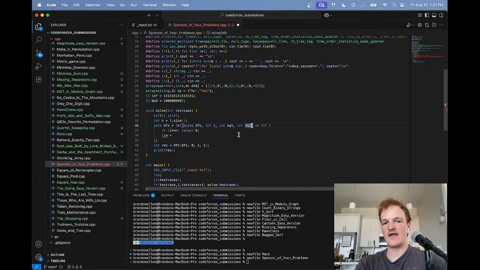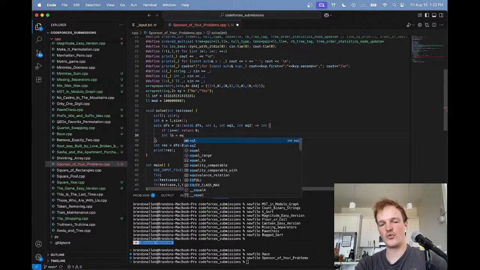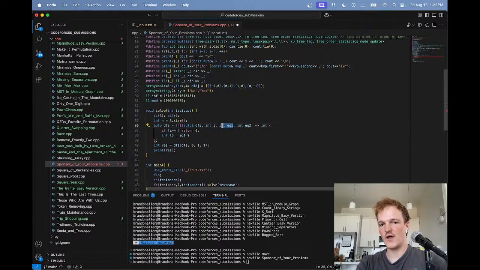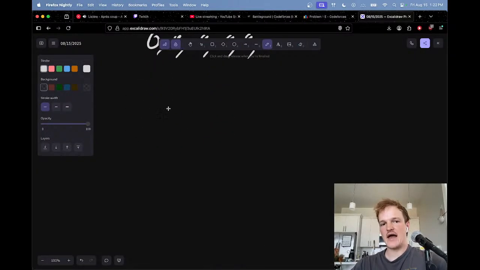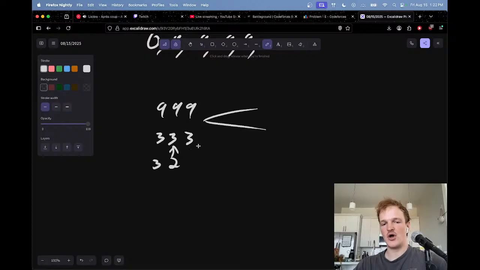So I think I'm just going to say limit, I'm going to say lower bound is equal to equals 1 question mark. This is saying, if so far you've been equal to L, let's say your max is like 999 and your min is like 333, and you want everything in this range. If the first thing you said was a 3, you can't have a 2 here because that's too small.